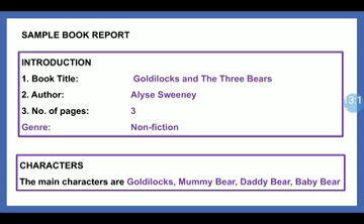Alright, so the second thing we're going to be looking at is the characters that make up your story. You need to write whatever you're stating in a sentence. So we can say that the main characters are Goldilocks, Daddy Bear, Mom Bear, and Baby Bear.